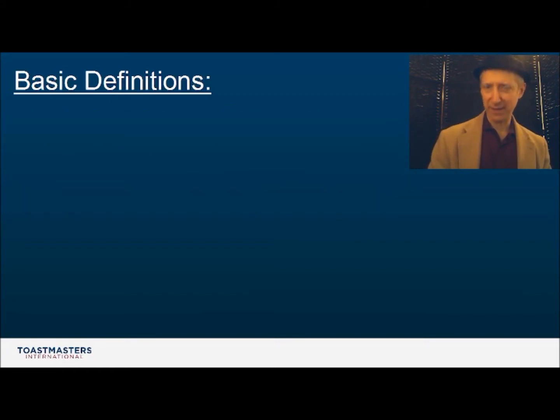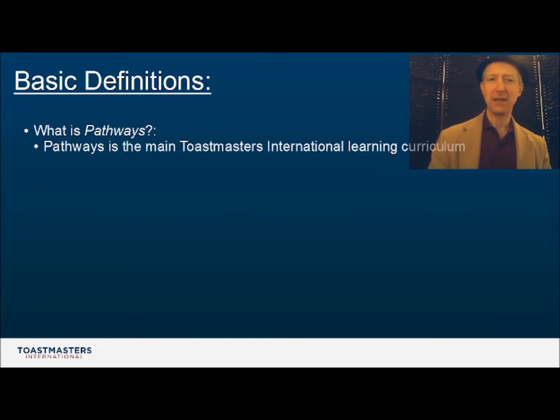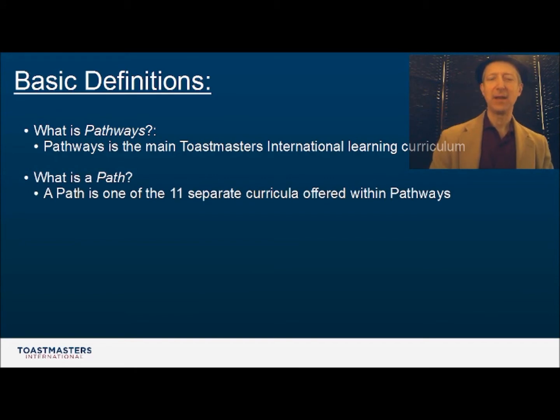A few basic definitions just to make sure we're on the same page as we go through this video. What is Pathways? Pathways is the main Toastmasters International learning curriculum. Then the word path, what does that mean exactly? A path is one of the 11 separate curricula offered within Pathways.